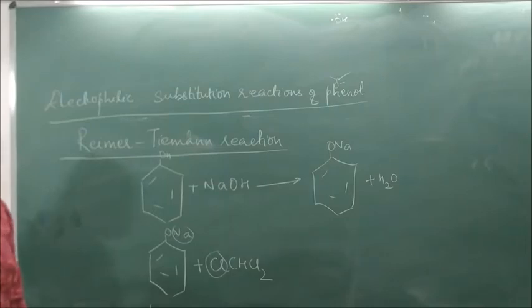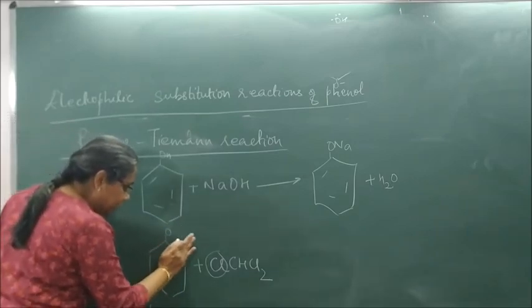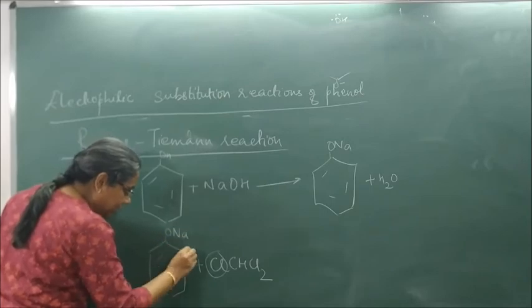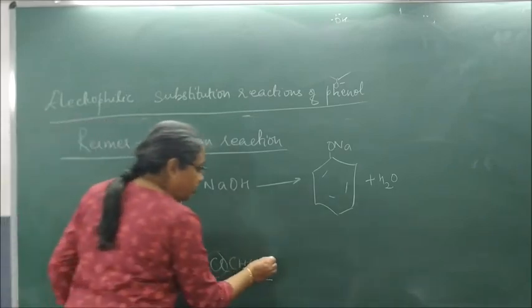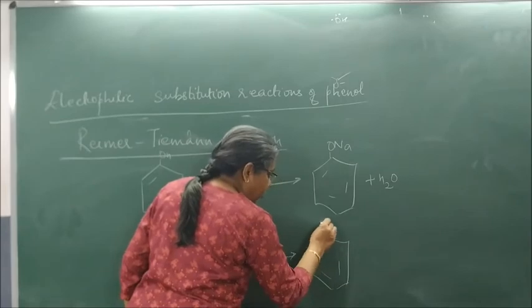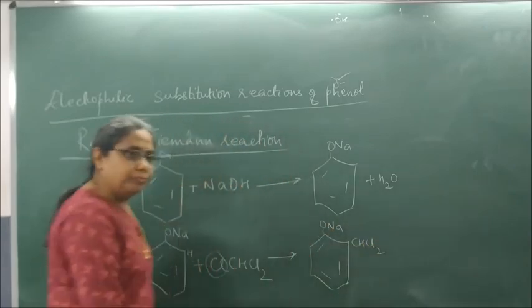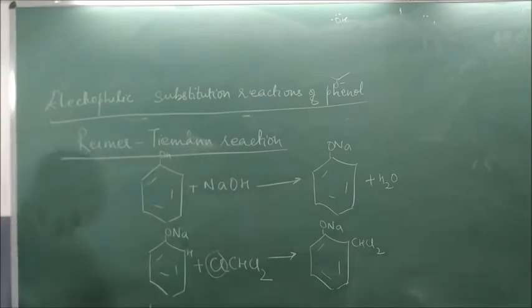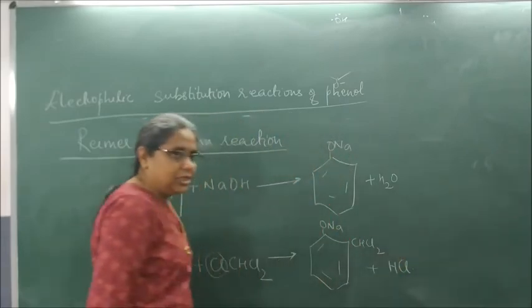Okay, don't remove this because you will get confused. Let us take it as Na and take it as H. This H and this Cl can be removed. So now what will I get? I get ONa and CHCl2. Correct? Plus HCl. I have removed HCl here.